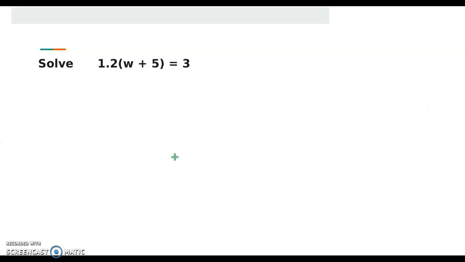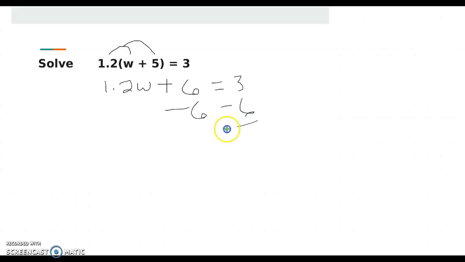1.2w plus 5 in parentheses equals 3. We will distribute the 1.2, the 1.2 to the w and the 5. 1.2 times 5 gives me a 6. And then I want to subtract 6 from both sides. 3 minus 6, negative 3. 1.2w.